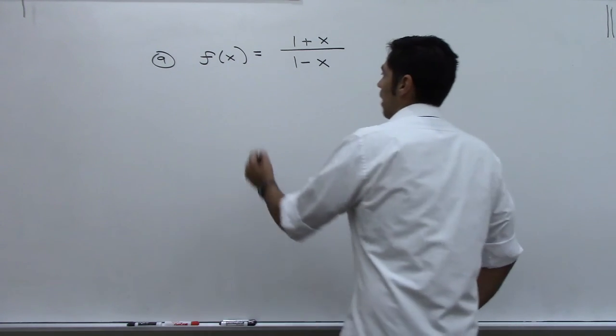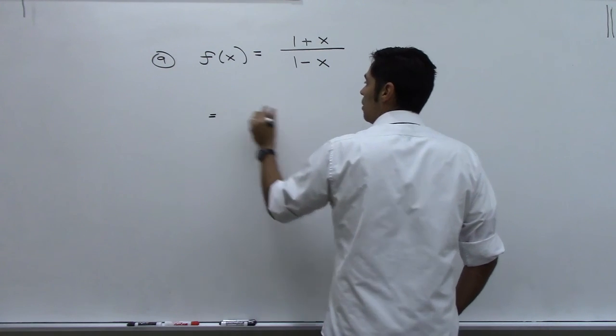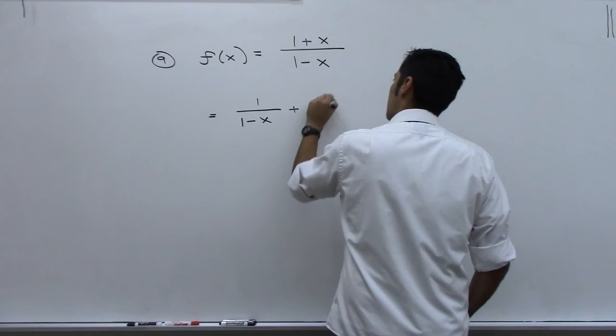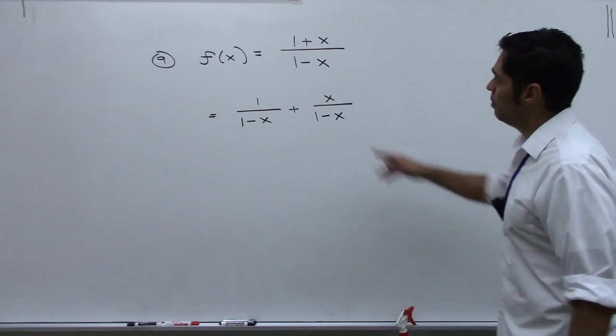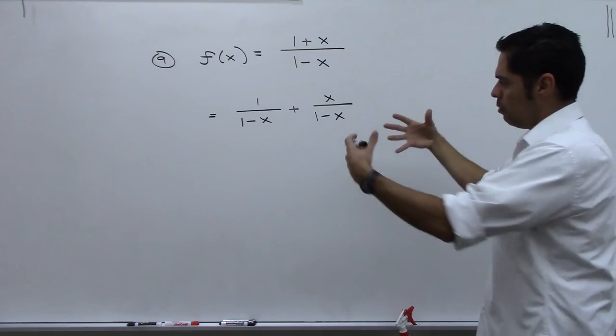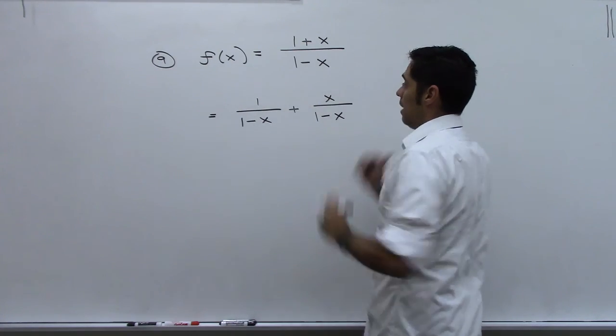Here's the way I'm going to look at it. I'm going to split it up into two fractions: 1 over 1 minus x plus x over 1 minus x. So you can do that. You can put this over the denominator plus this over the denominator. Of course, if I add these two together, they have the same denominator, so I just add the tops and I get back to this.